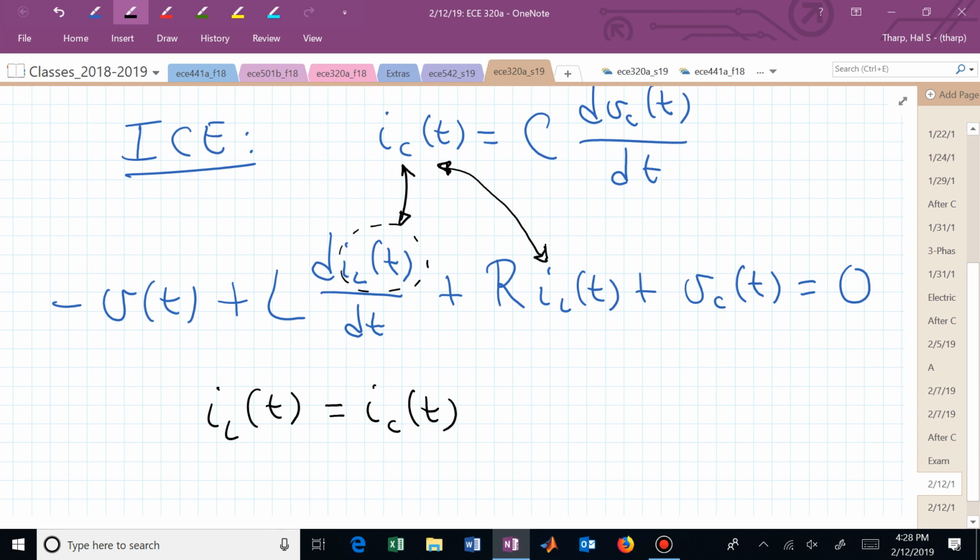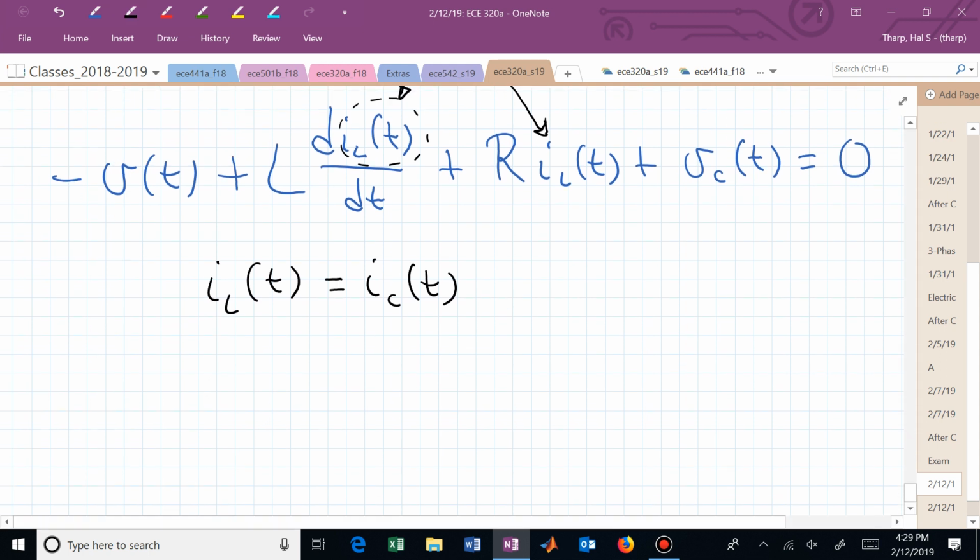And let's see what happens. The third term is going to be R times C dV sub C dt. We'll get a first derivative. The second term, L times d by dt of C dV C dt. Do you see that we've nested derivatives? We're going to end up with a second derivative, and there's our second order differential equation.